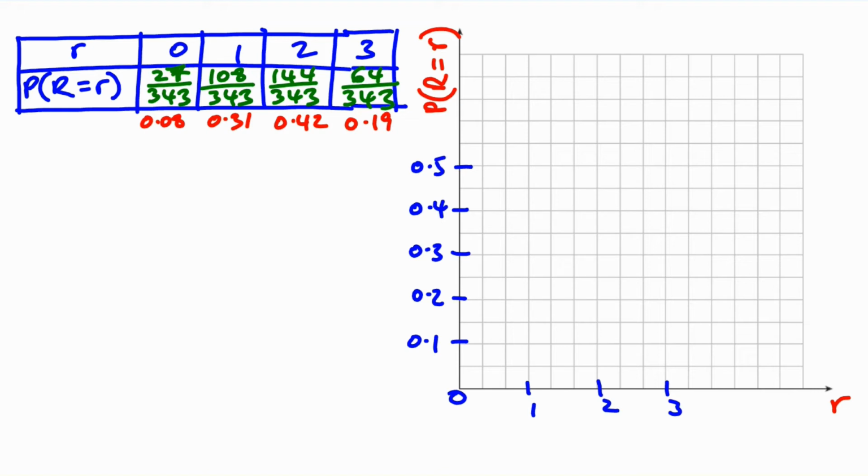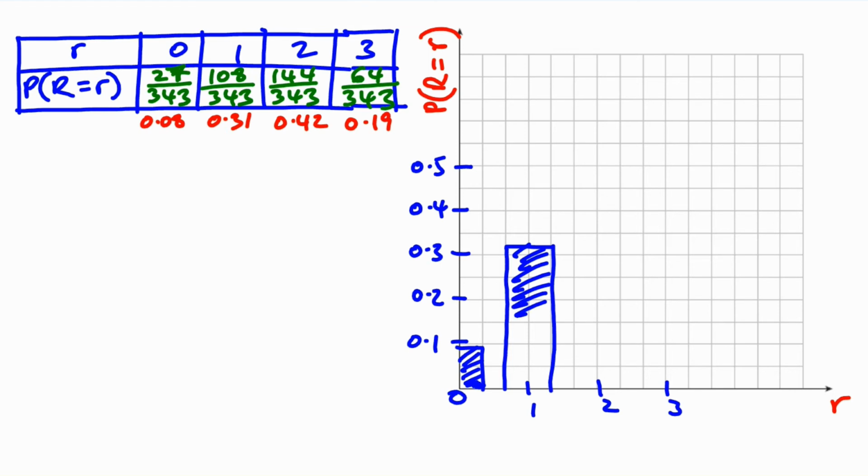So we just need to estimate here. 0.08 is probably somewhere around here. And then 1 goes to 0.3, so somewhere around here again. These are just estimates for the bar chart.